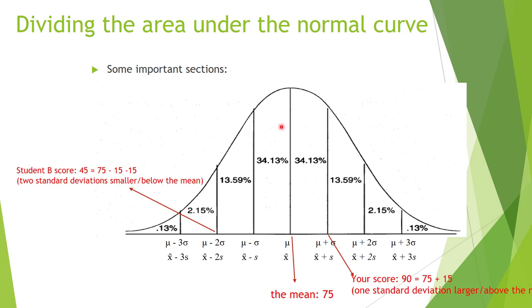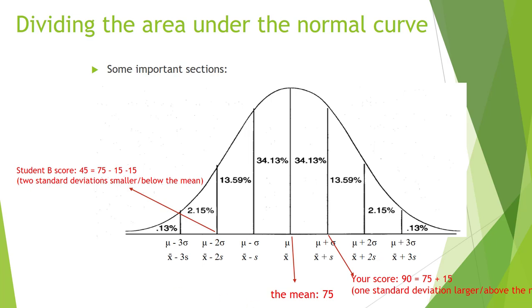That means these areas to the left-hand side of your score mean the percentage of students who scored lower than 90. Okay? My second question is, there's a student B. Student B scored 45, which is 2 standard deviations below the mean, which is here.